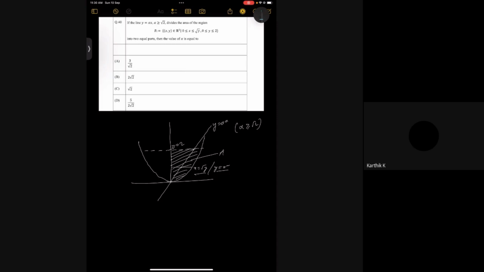The two areas will be equal. We can compute the two areas using integration and equate them. These two areas have to be exactly half, right? Yeah. So one good idea is to know what the total area of this region looks like, correct?